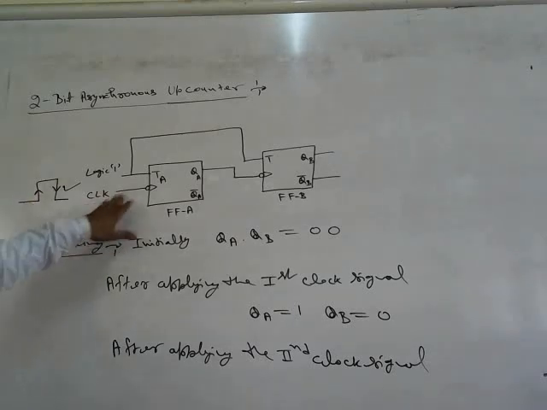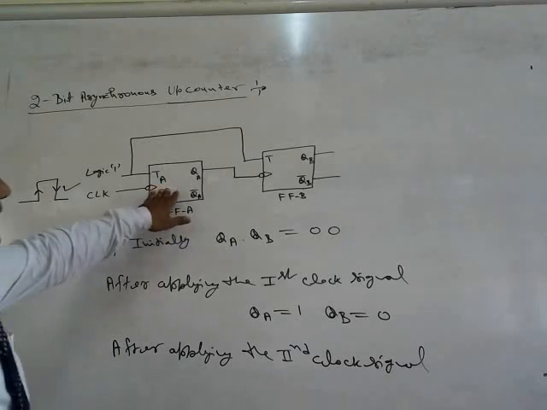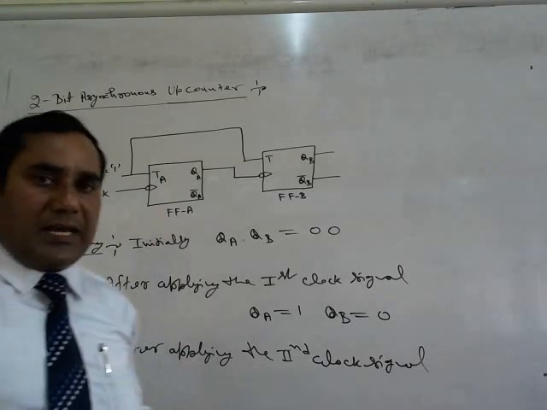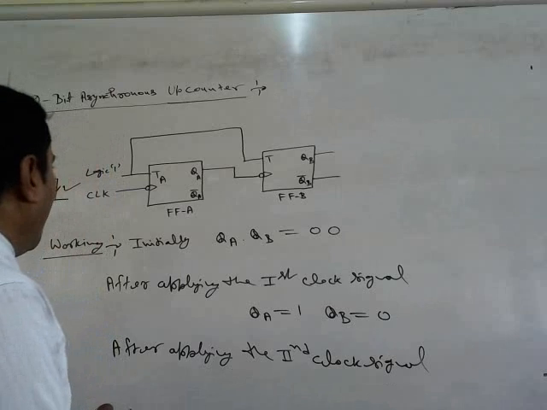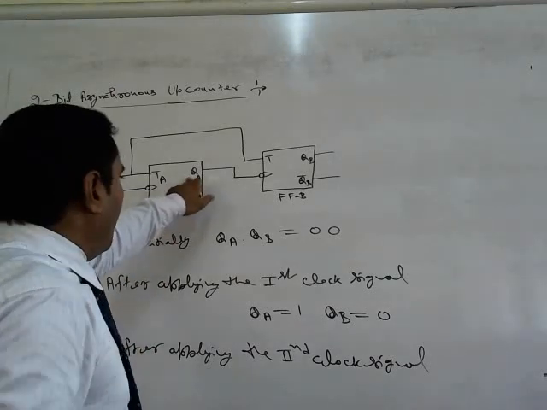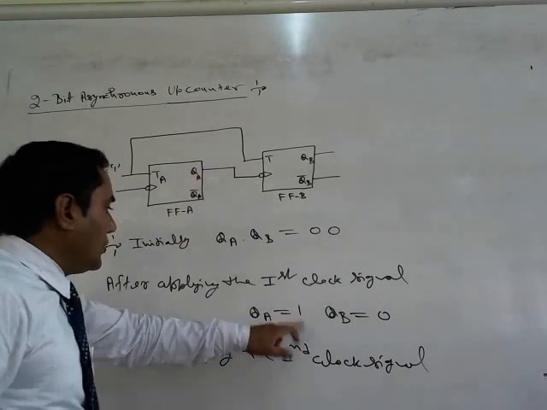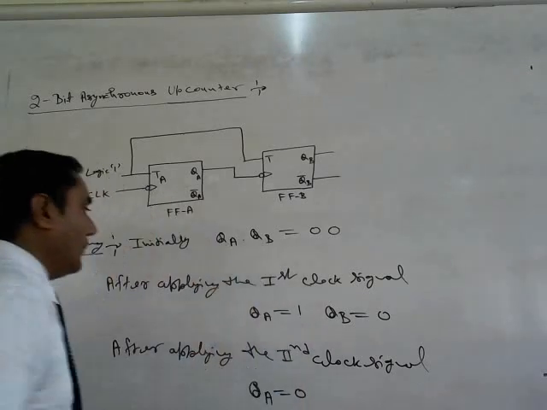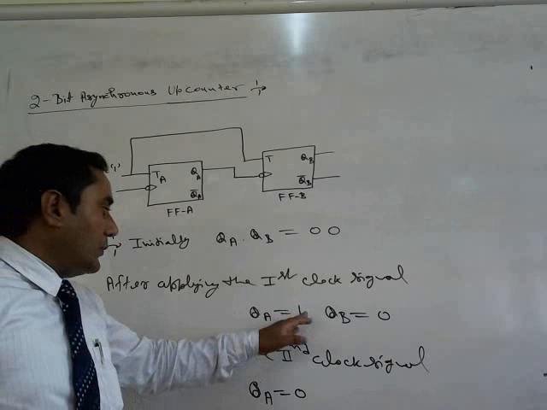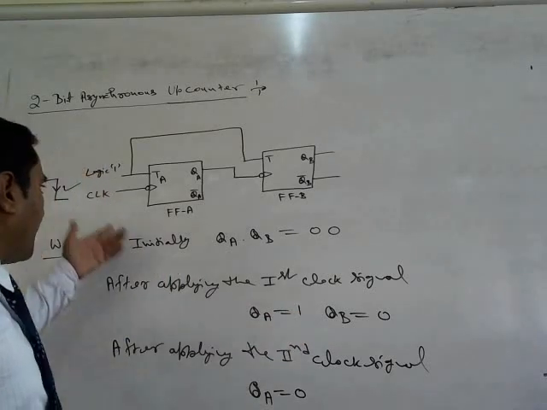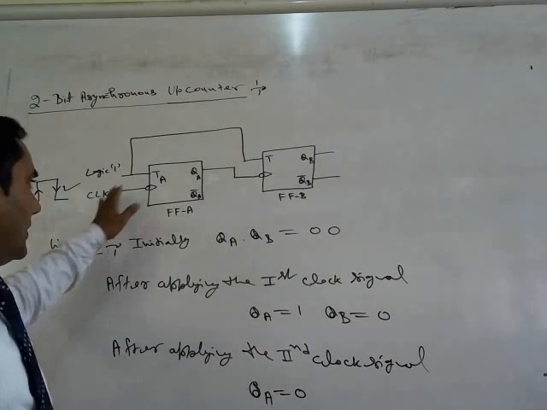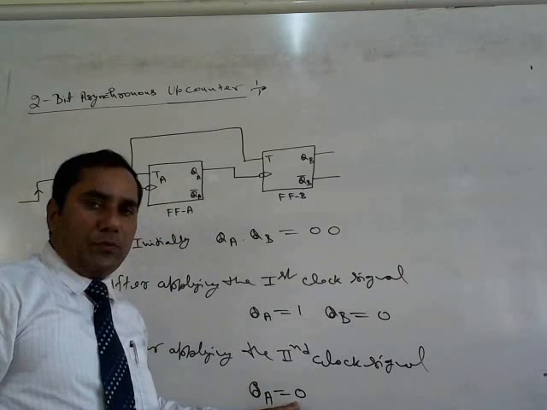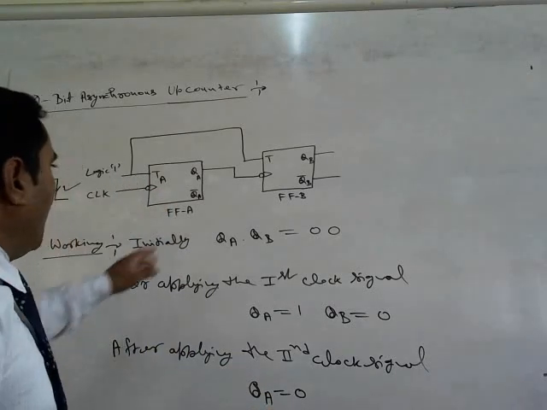After applying the second clock pulse, the FFA or TA flip-flop will toggle again. So the content of QA will be equal to 0, because last time QA equals to 1, so it toggles after applying the second clock pulse, so it becomes again 0.